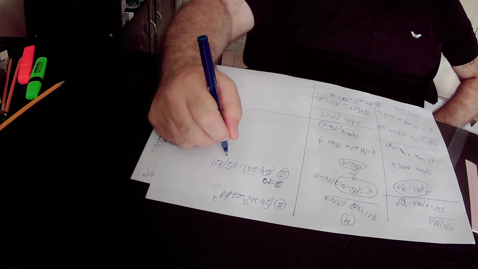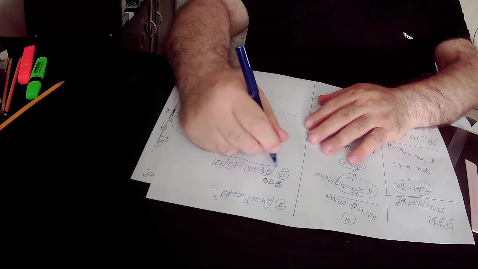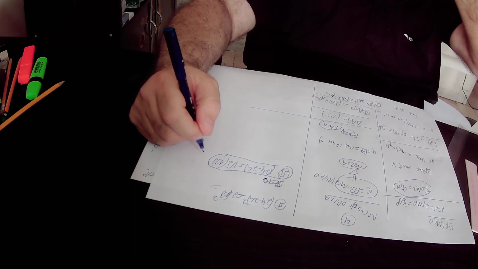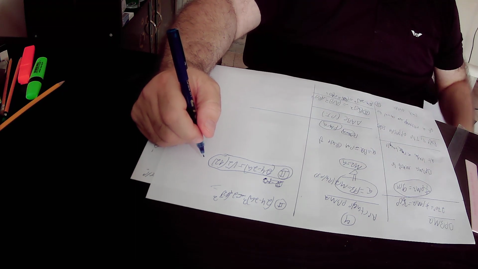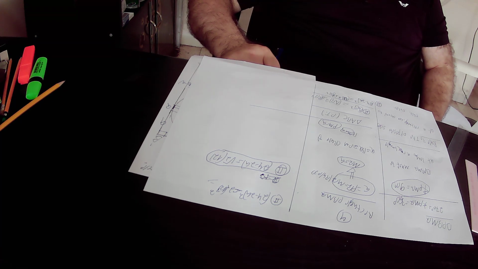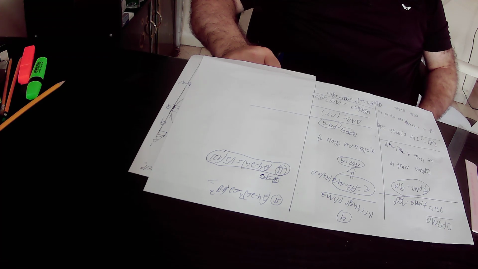Why the square root of 2, and why is the square root of 12 squared just 12? Because the root cancels the square and we are left only with 12. So according to equation number 2, 24 minus 2A equals the square root of 2 times 12.